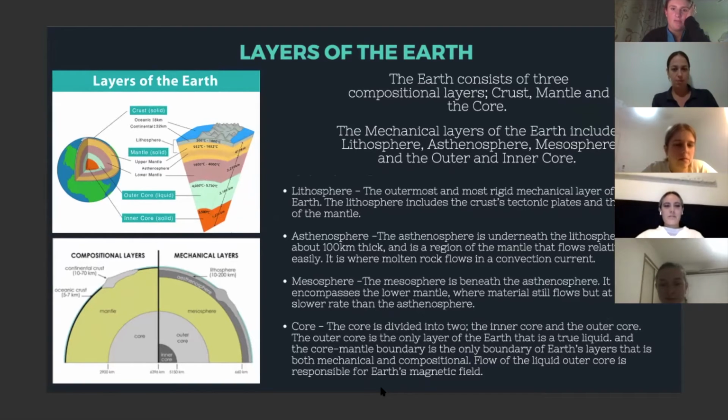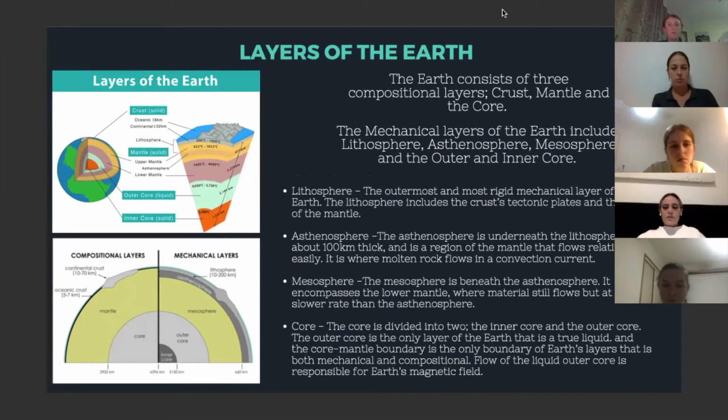So starting off, the Earth has two different kinds of layers essentially. Well, there's more, but there's two main ones. You've got your compositional layers and your mechanical layers. Your compositional layers are determined by their components, so their chemicals, and your mechanical layers are determined by their physical properties.